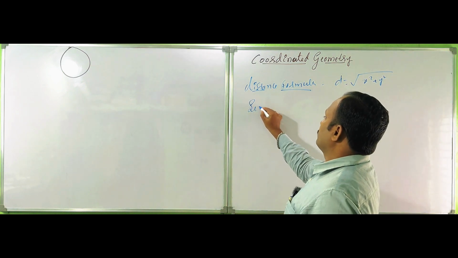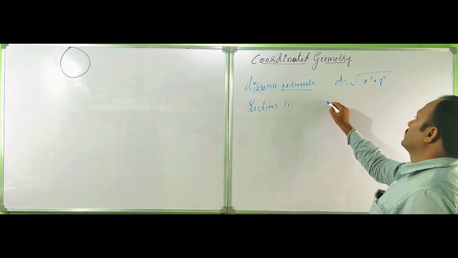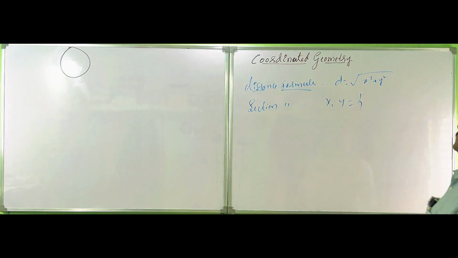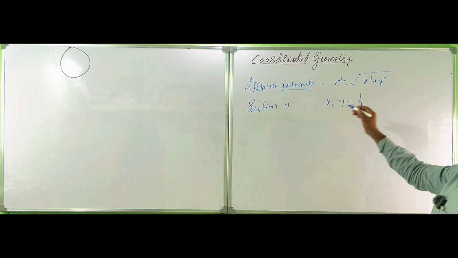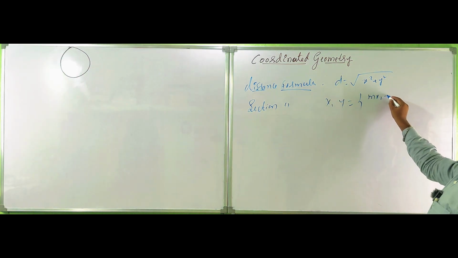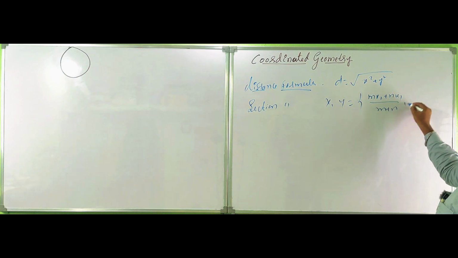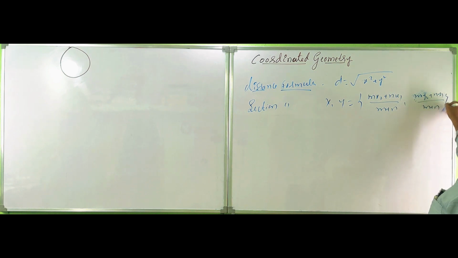Section formula: the point (x, y) dividing the line segment in the ratio m:n internally is (m x2 plus n x1) divided by (m plus n), and (m y2 plus n y1) divided by (m plus n).